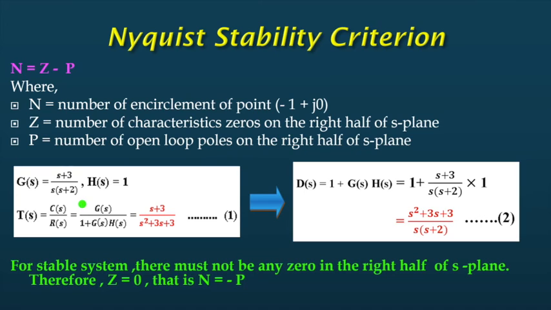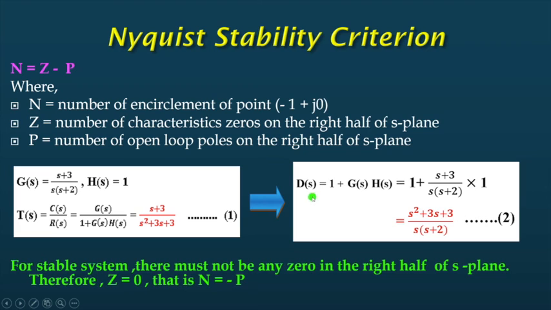The Nyquist criterion studies the open loop system but determines the stability of the closed loop system without calculating the closed loop poles. By the Nyquist criterion method, we can easily determine the stability of the closed loop system.